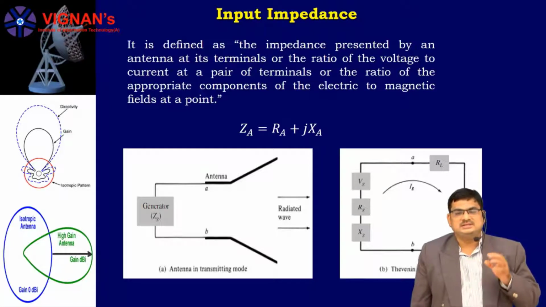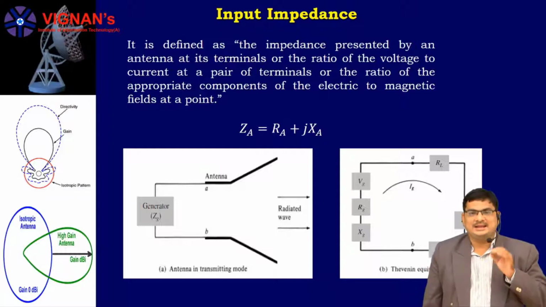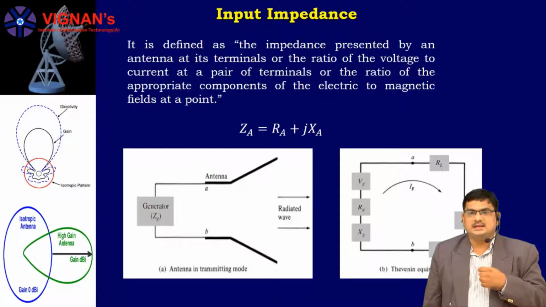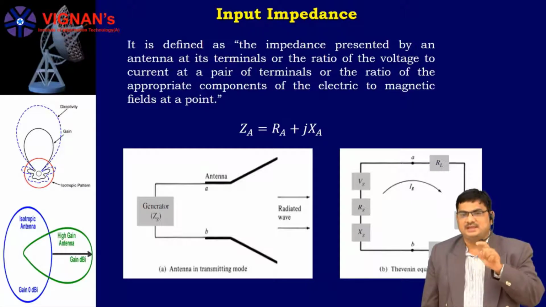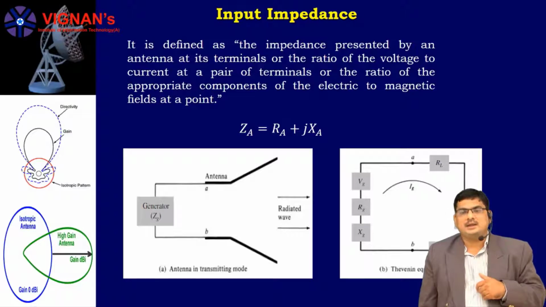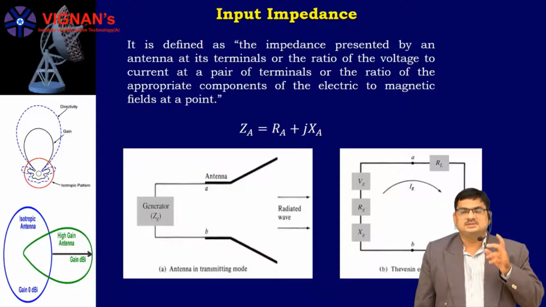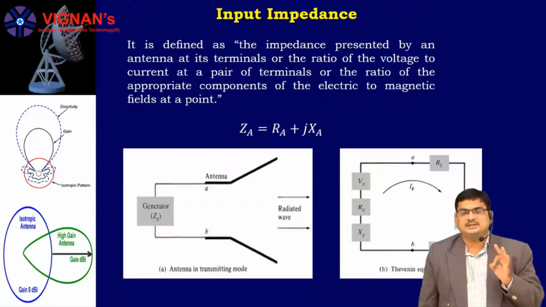That is ZA equals RA plus jXA, where ZA is the input impedance of the antenna at points A and B, RA is the radiation resistance of the antenna at points A and B, and XA is the reactance of the antenna at points A and B.